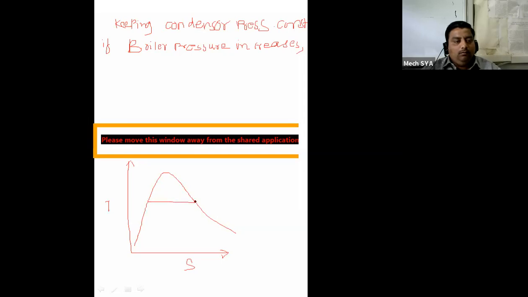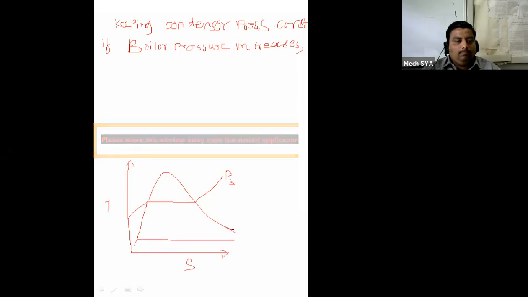This is initial boiler pressure PB. This is condenser pressure PC.